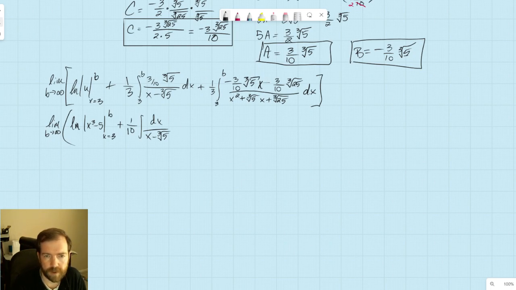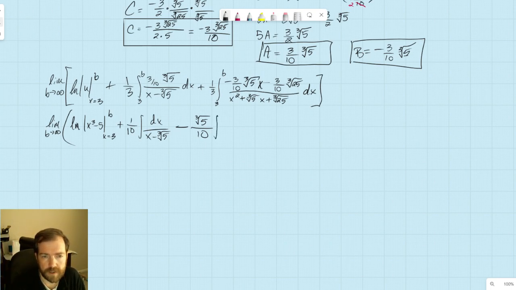So I'm going to factor out a negative 3/10 and a root. So this is going to be a negative 1/10 and a cube root of 5. So negative cube root of 5 over 10 is what we factored out.